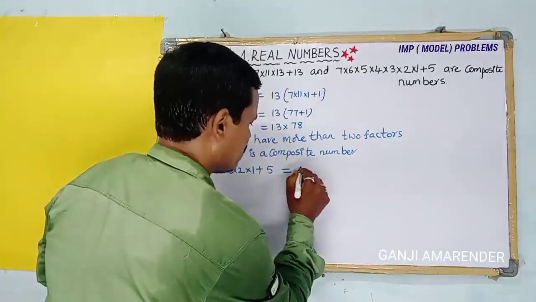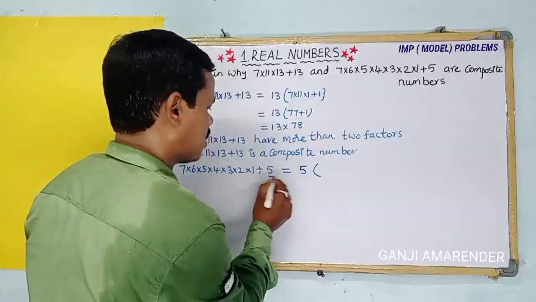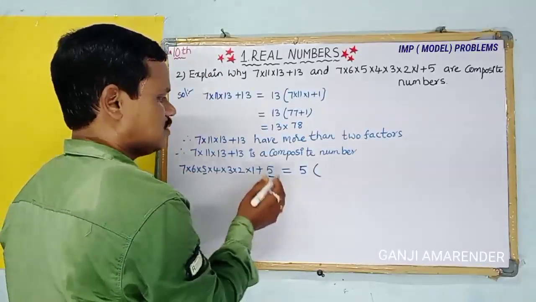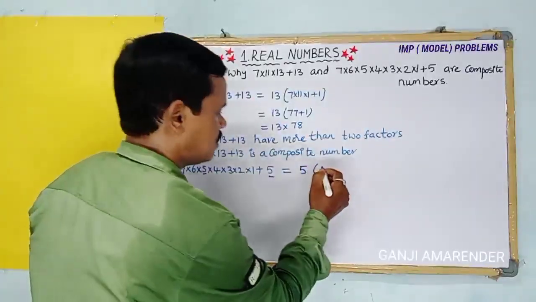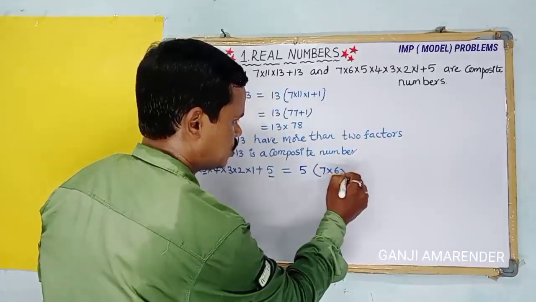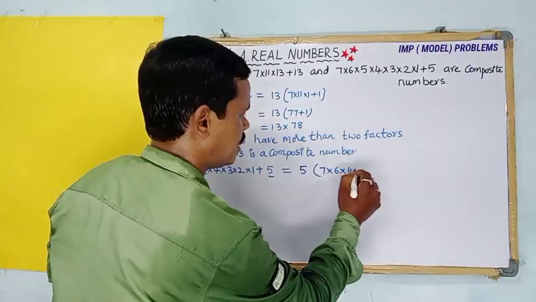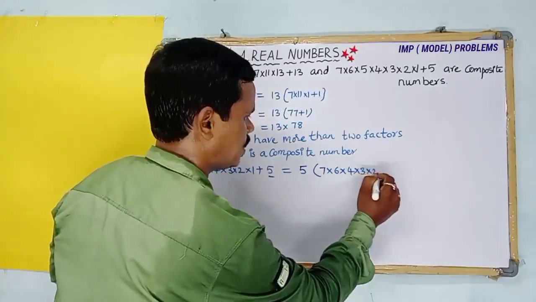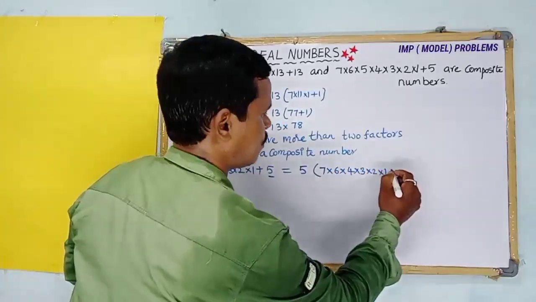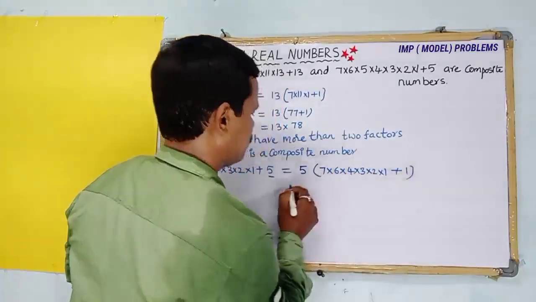Now again here I am taking 5 as common. Here 5, here 5, 5 taken as common. What is the remaining? 7 into 6 into 4 into 3 into 2 into 1 plus 1.